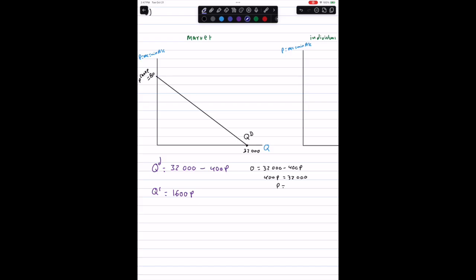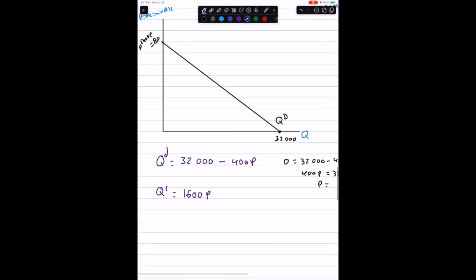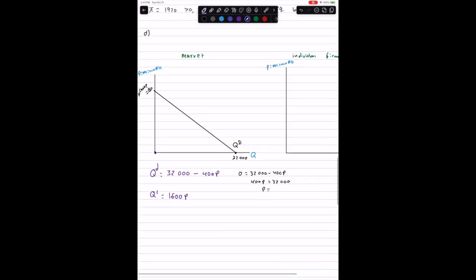Now, market supply is much easier. The reservation price, which is just what's the quantity when price is equal to 0, we know it's just equal to 0, right? Sorry, I made a mistake there. When price is equal to 0, quantity is equal to 0. When quantity is equal to 0, price is equal to 0.